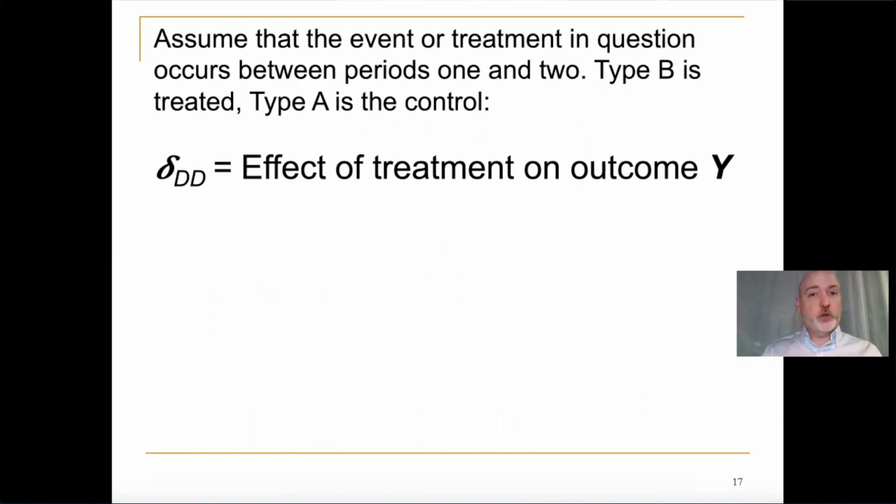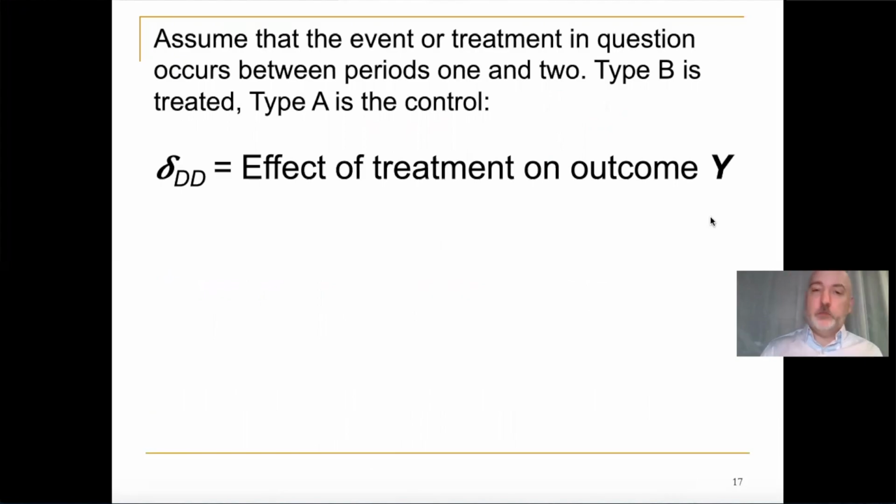Period 1 is pre-treatment, period 2 is post-treatment. Just to pick some notation, we'll denote type B as the treated group, type A as the control group. So type B received the treatment, they're in the tutoring center. Type A didn't.